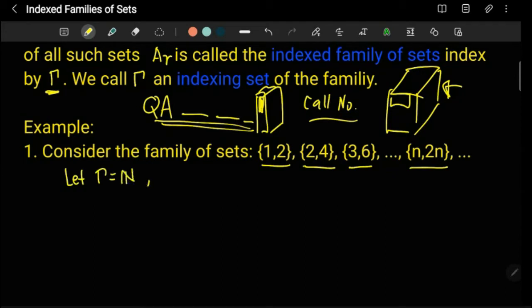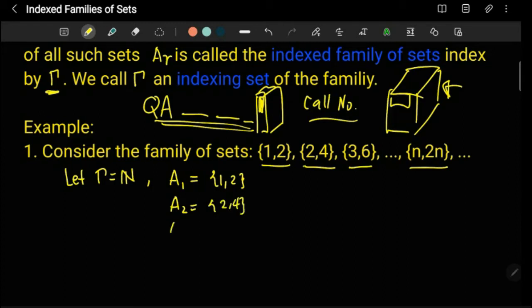And we can define each A for our set as follow. So, for n equals 1, i-define natin yung A1 as the set 1, 2. For n equals 2, i-define natin yung set natin as the set 2, 4.